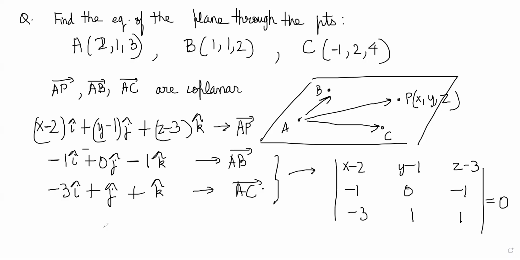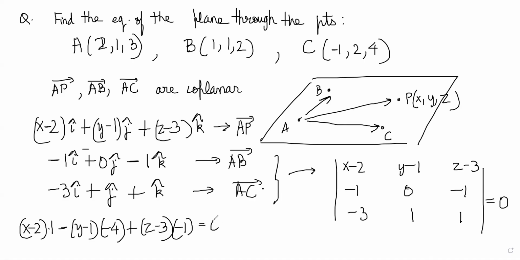So if you evaluate the determinant, you will get the equation (x − 2) times 1, minus (y − 1) times (−4), plus (z − 3) times (−1) is equal to 0.